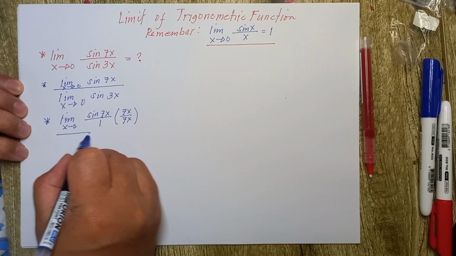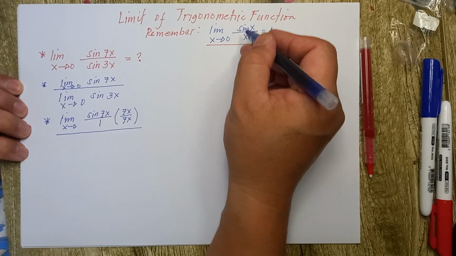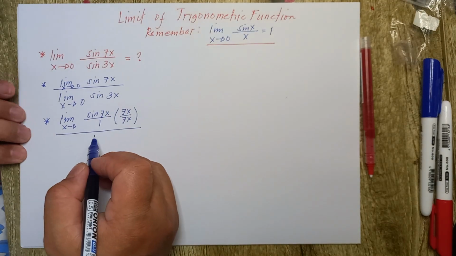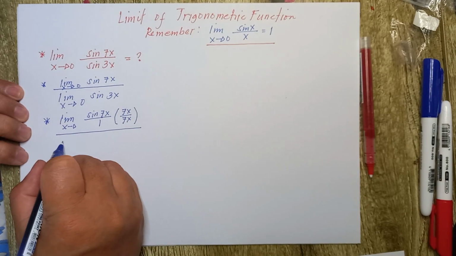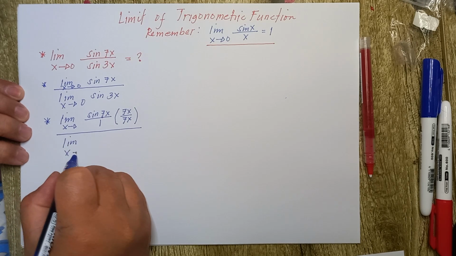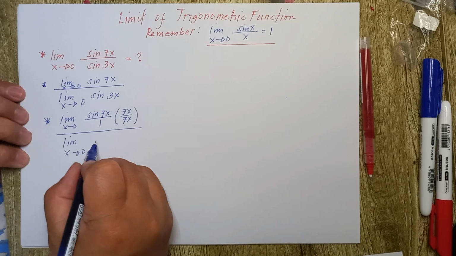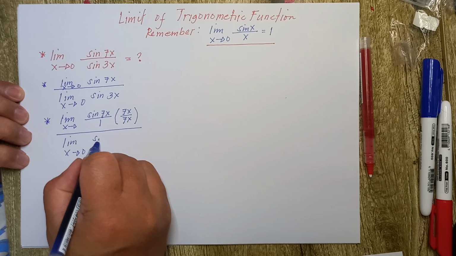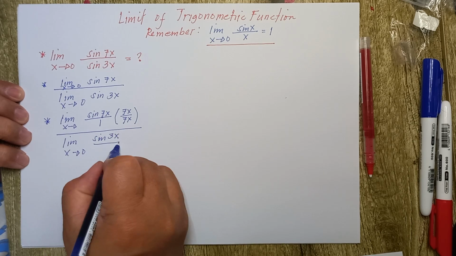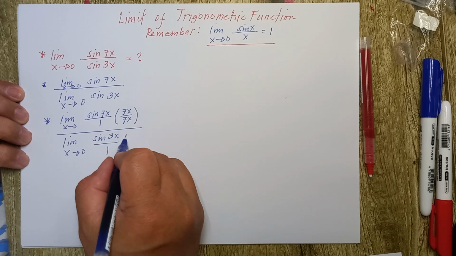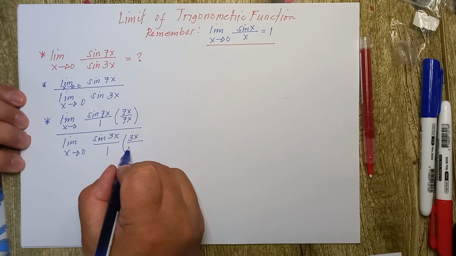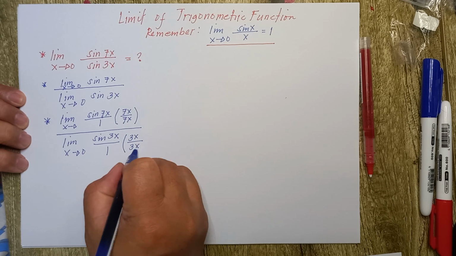As I said, we can apply this separately to the numerator and denominator. So for the denominator, the limit as x approaches 0 of sine 3x over 1 multiplied by 3x over 3x.